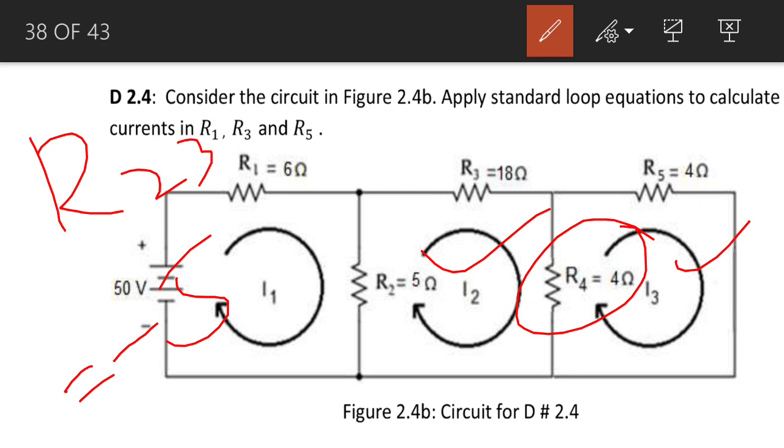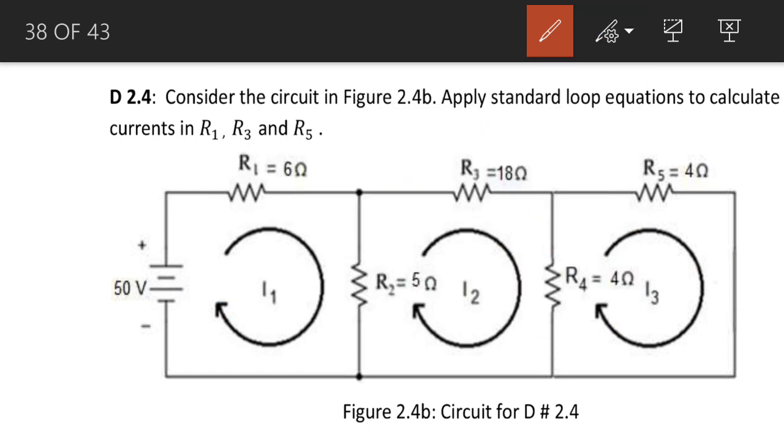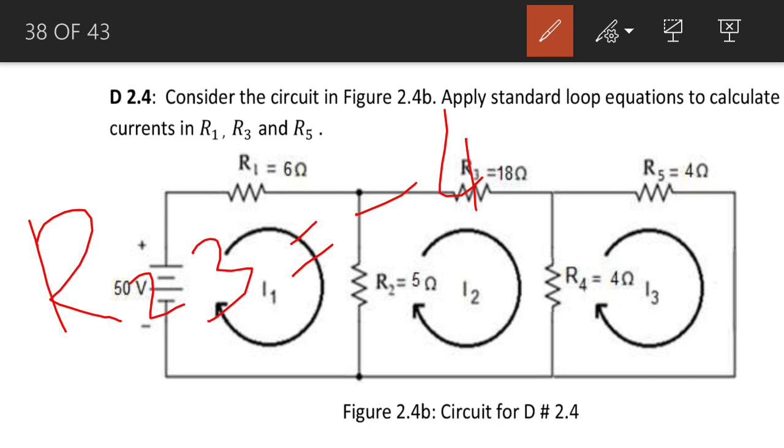So this resistance will be minus 4, it is not minus 5. So let me erase minus 5, and R23 in this very case will be minus 4. This resistor belongs to loop number 2 as well as loop number 3.